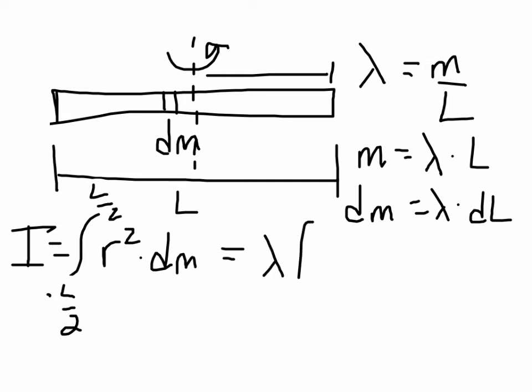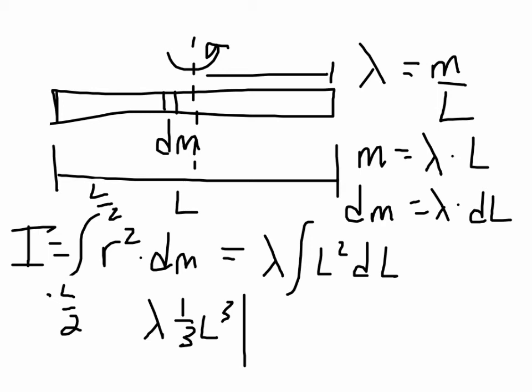So lambda L squared dl needs to be integrated again, which will give us the same thing we had before, lambda times 1/3 L cubed. But now we have to evaluate that between our two new bounds.